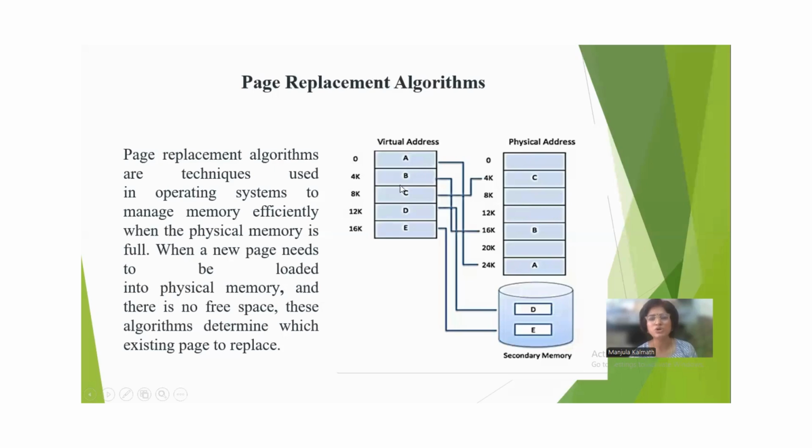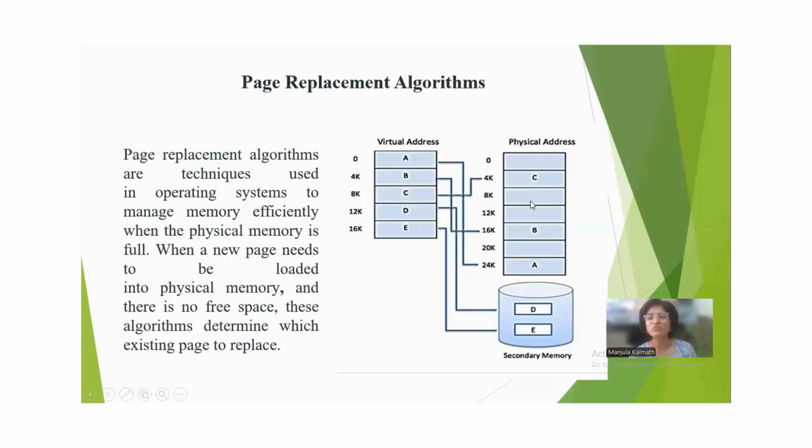As execution continues, next it requires D. D is not allocated in the main memory, and main memory does not have any space to allocate D. In that case, it is required to bring page D from the hard disk to the main memory.